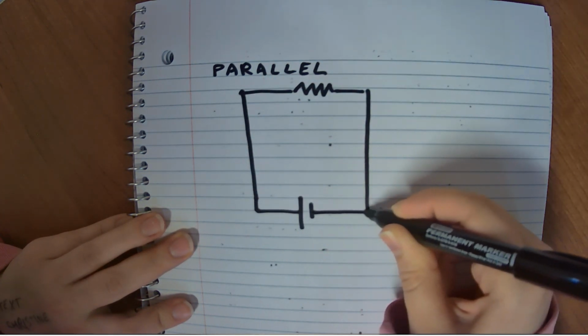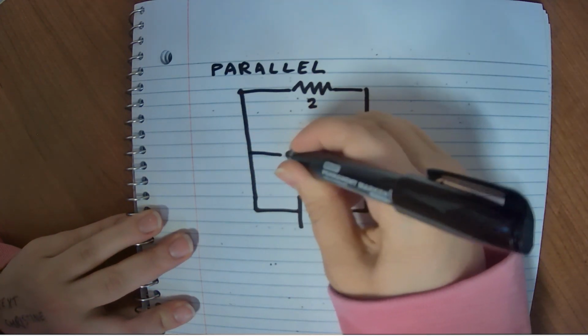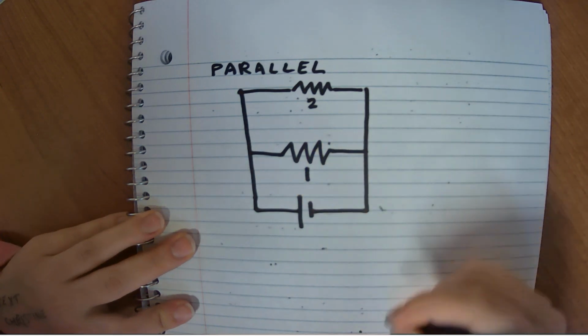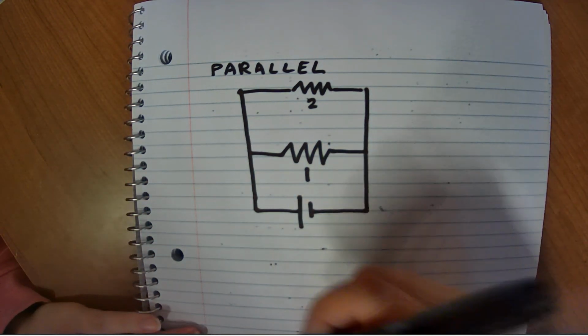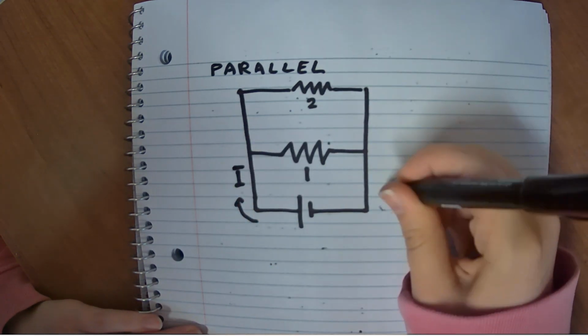Here's our battery. Here is going to be the second resistor. And here is the first resistor. And so we know that current is flowing through like this, from positive to negative.